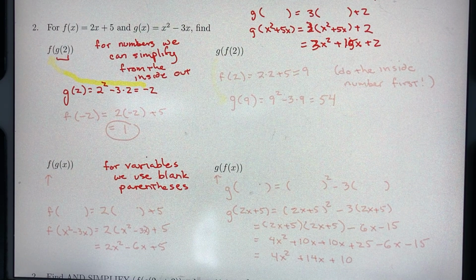So negative 2, stuff it into F. F of negative 2, negative 4 plus 5 is 1. So my final answer is f of g of 2 is the number 1. It's a number because we're plugging a number in.